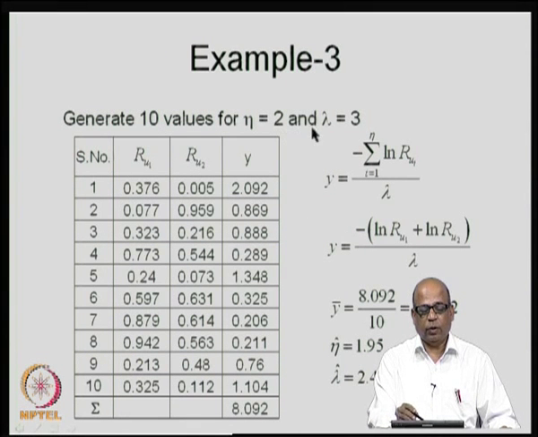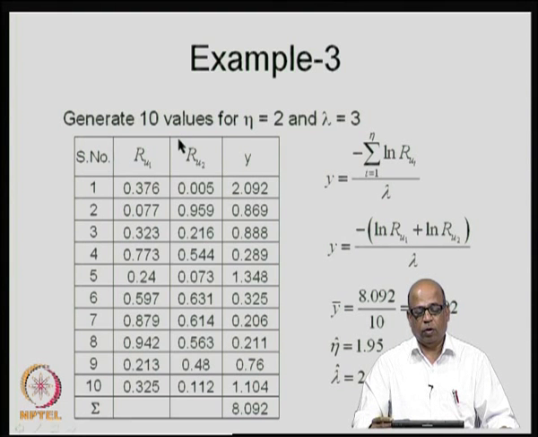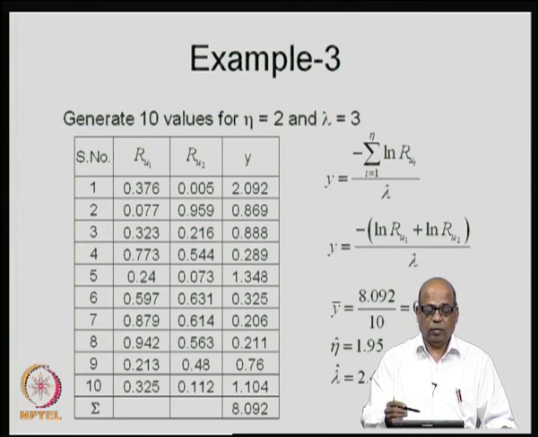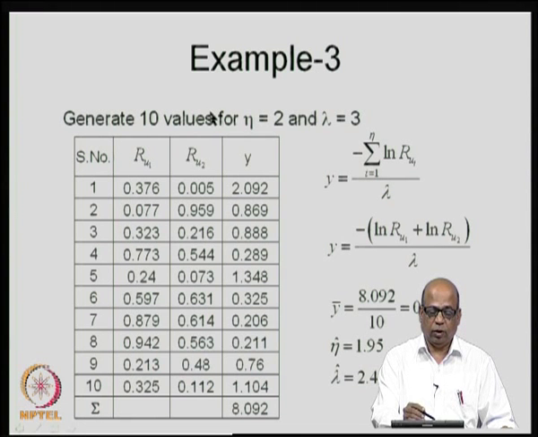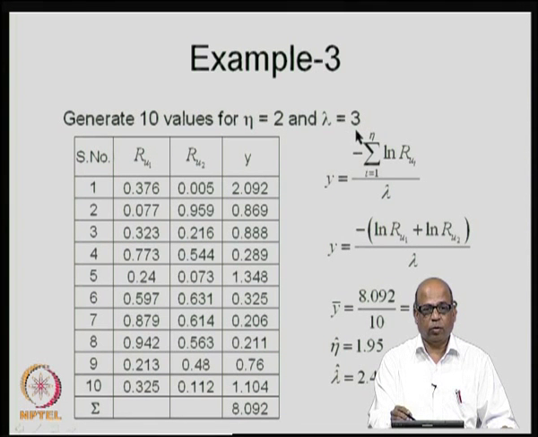So, let us use that expression and generate 10 values belonging to the gamma distribution with eta equal to 2 and lambda equal to 3. So, we are specifying the distribution and we want to generate that many values. Because eta is equal to 2, you need two random numbers to generate every number belonging to the gamma distribution. So, ru1 and ru2, you get two uniformly distributed random numbers, again using a calculator or something, and you generate y.